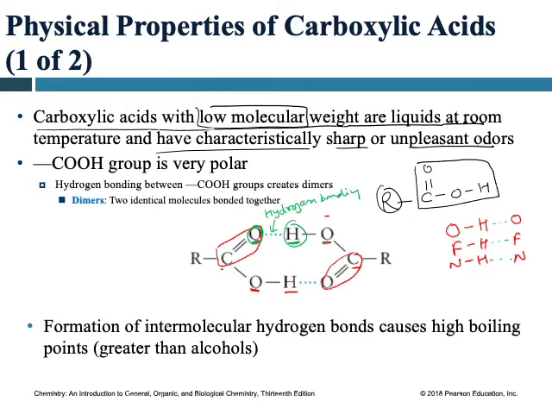Similarly, from the first molecule, this oxygen has hydrogen attached to it, and this hydrogen is close to the carbonyl group from the second molecule, so they can show hydrogen bonding.